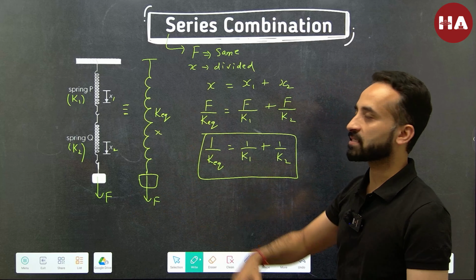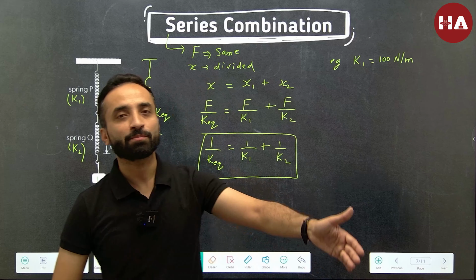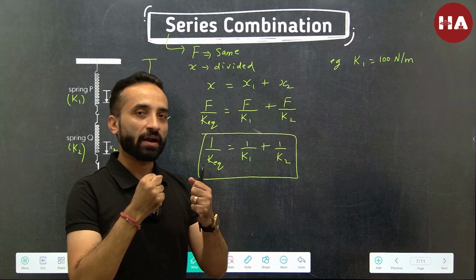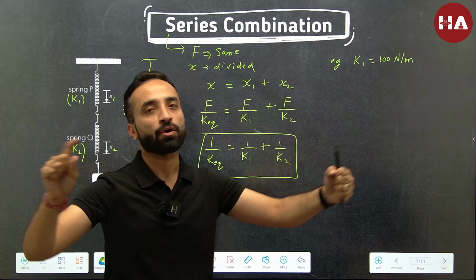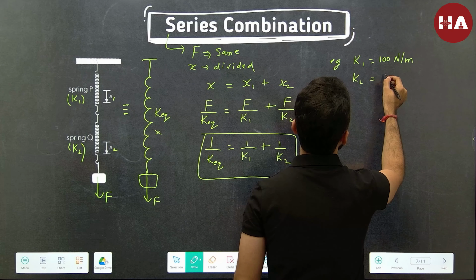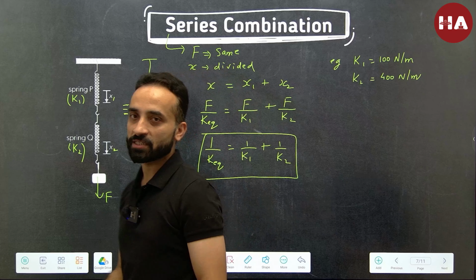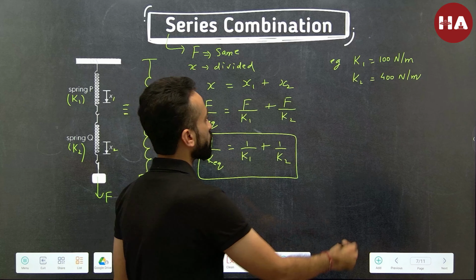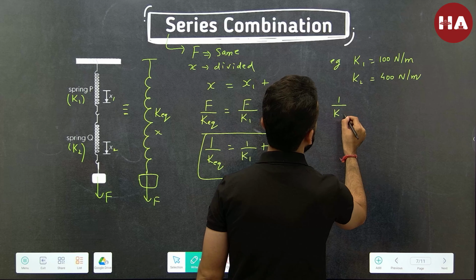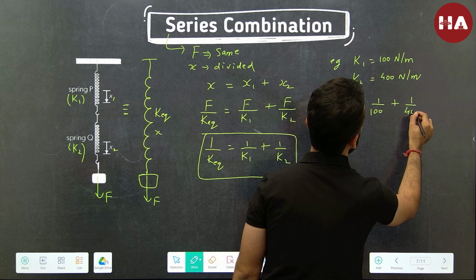So I can take an example, let's say K1 is 100 Newton per meter. You understand, when I write 100 Newton per meter, it is like you need 100 Newton to cause an extension of 1 meter. And let's say there is another spring whose stiffness constant is 400 Newton per meter. So this is quite stiffer. Then the equivalent value of K is going to be 1 over 100 plus 1 over 400.